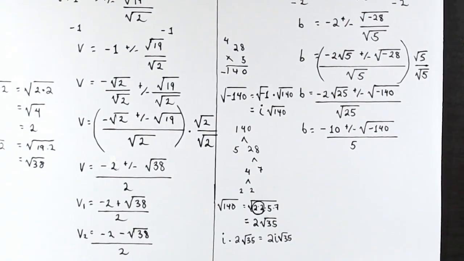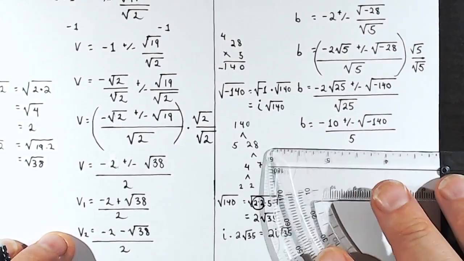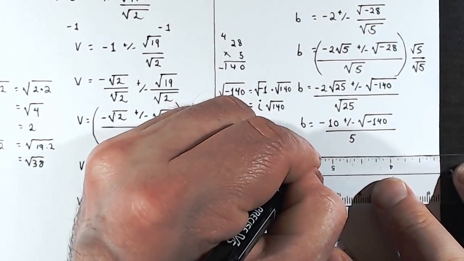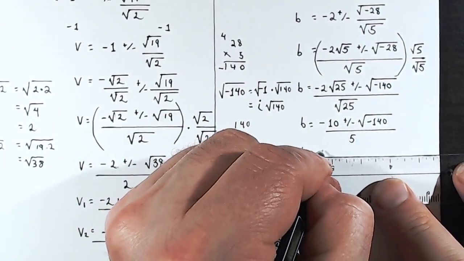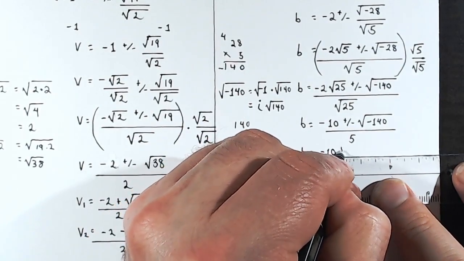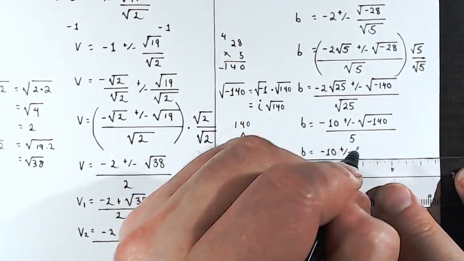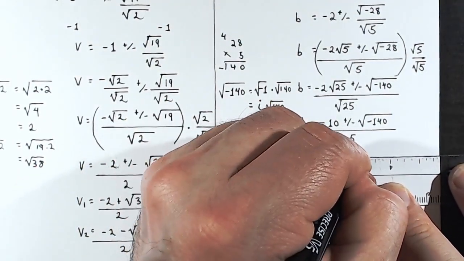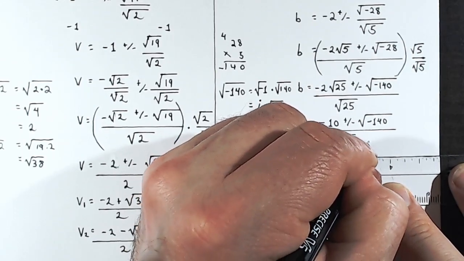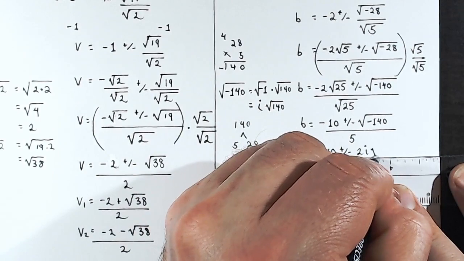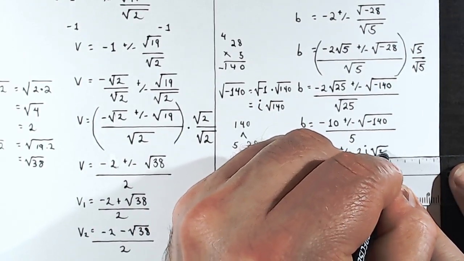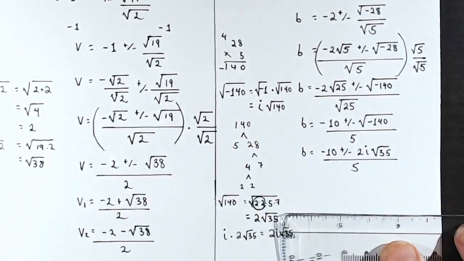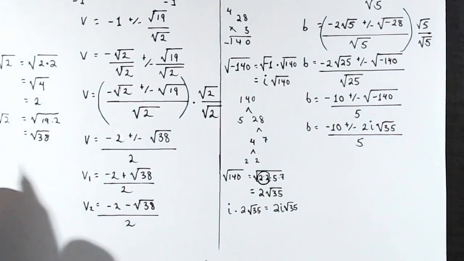Okay? So when I go back up here and I rewrite this, you'll hopefully not be confused as to where all that stuff came from. So now b equals negative 10 plus or minus, okay, now write this whole thing, 2i square root 35, all over 5. Okay, so we have two solutions here.